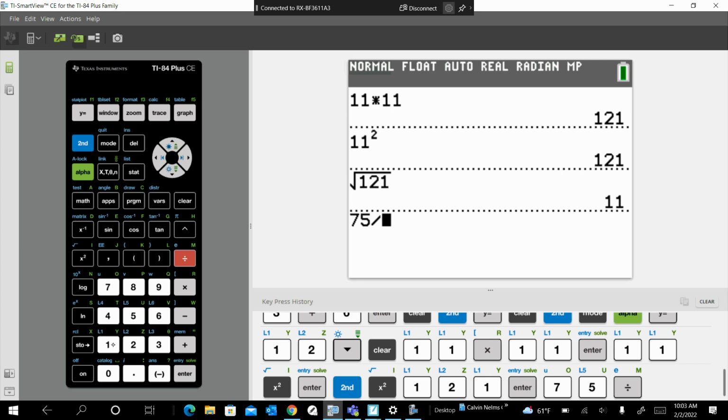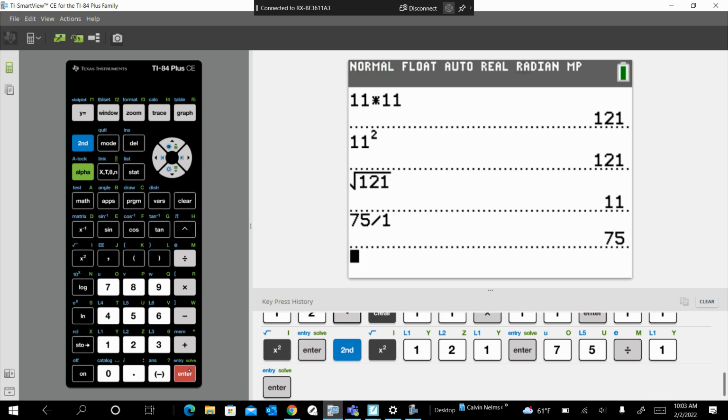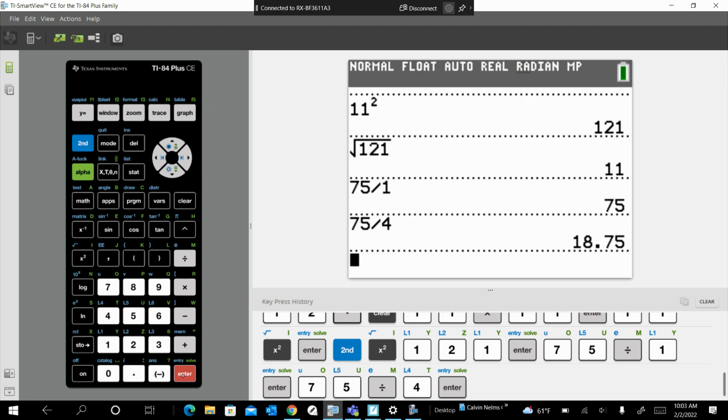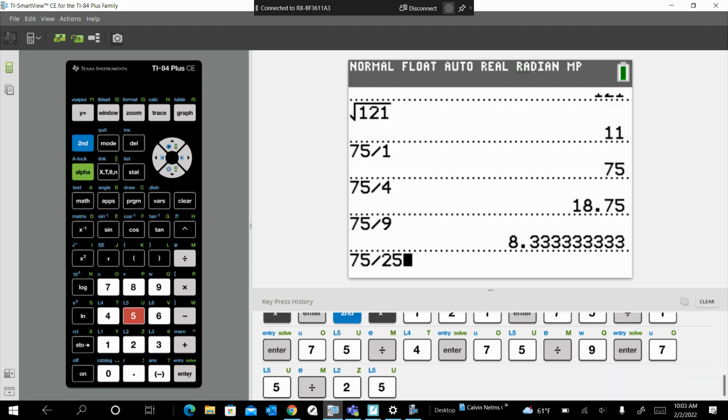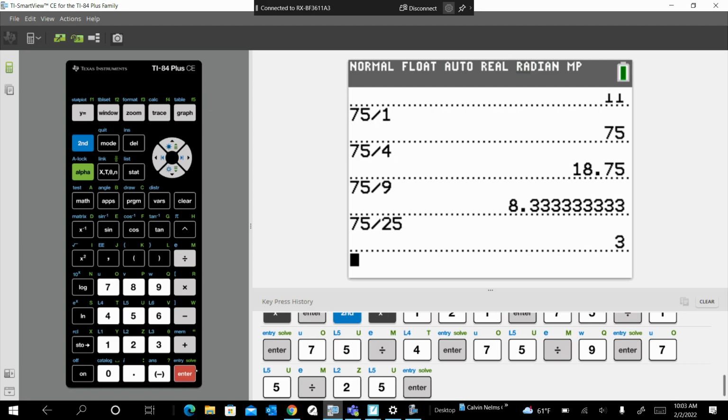Like, I know 1 would work because everything goes into 1. The next perfect square I have is 4, but that doesn't work because that's a decimal answer. You see what I'm doing? I'm only using the perfect square numbers in the column. So 75 divided by 25 gives me 3. That's a perfect square factor that works. So 25 times 3 gives me 75.